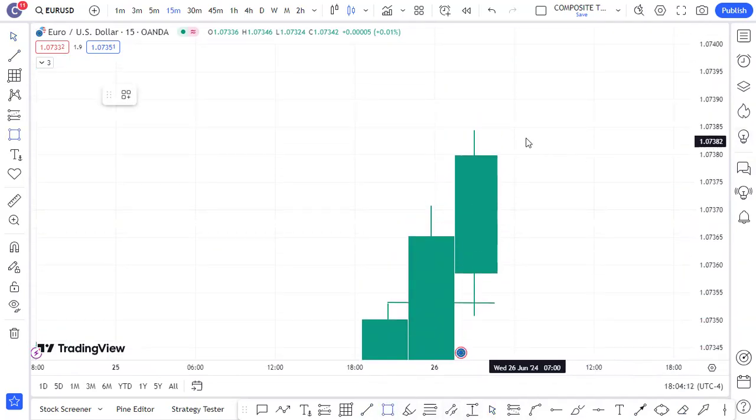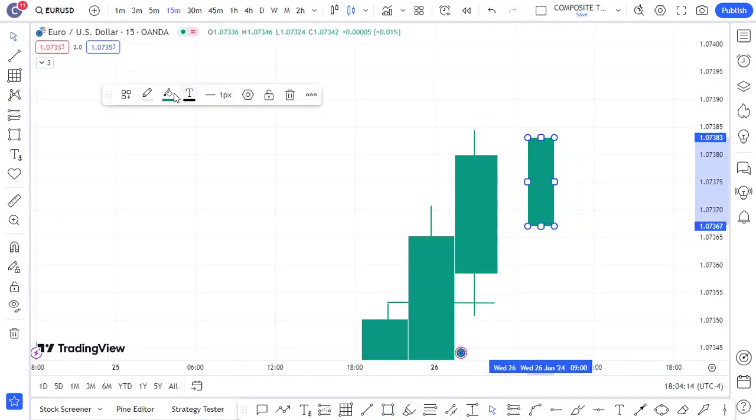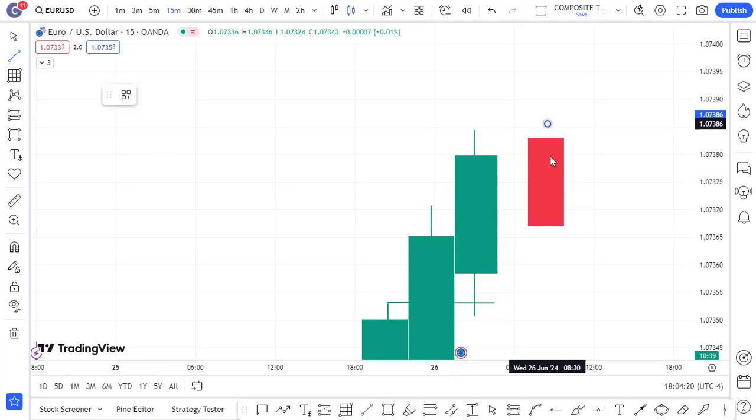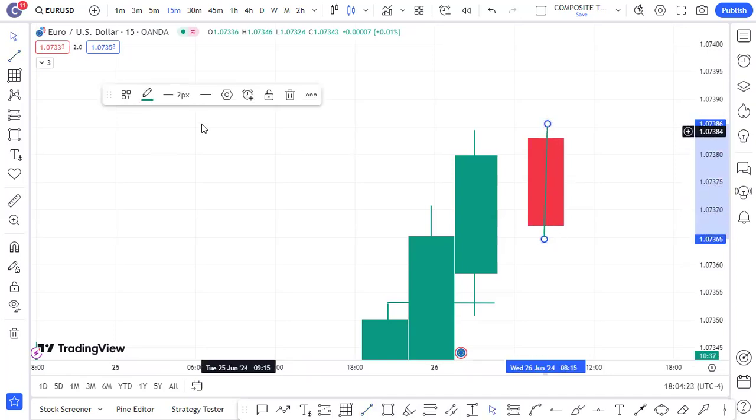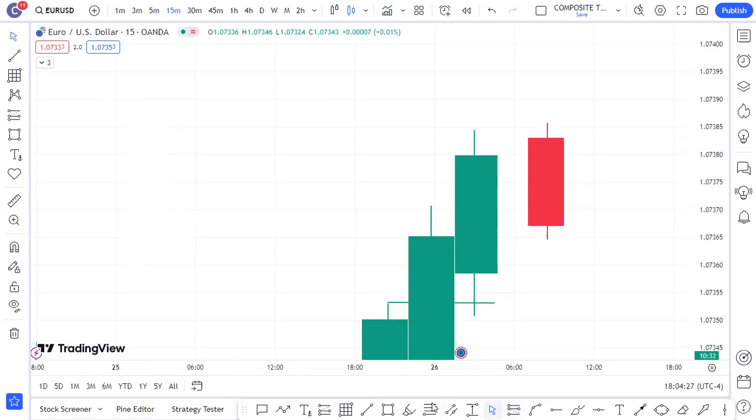For example, on a bearish move, just have these candles here. This is the easiest way to identify. So we can have three candles.